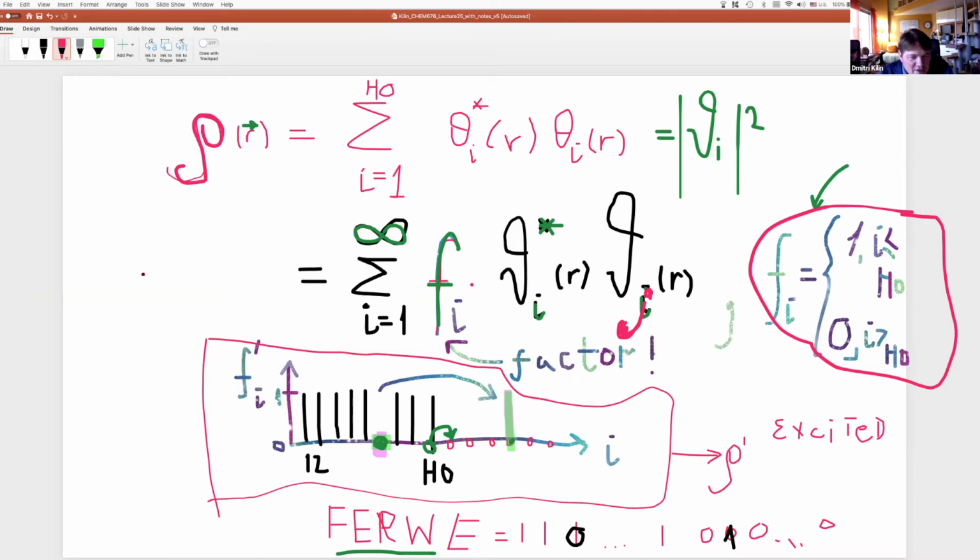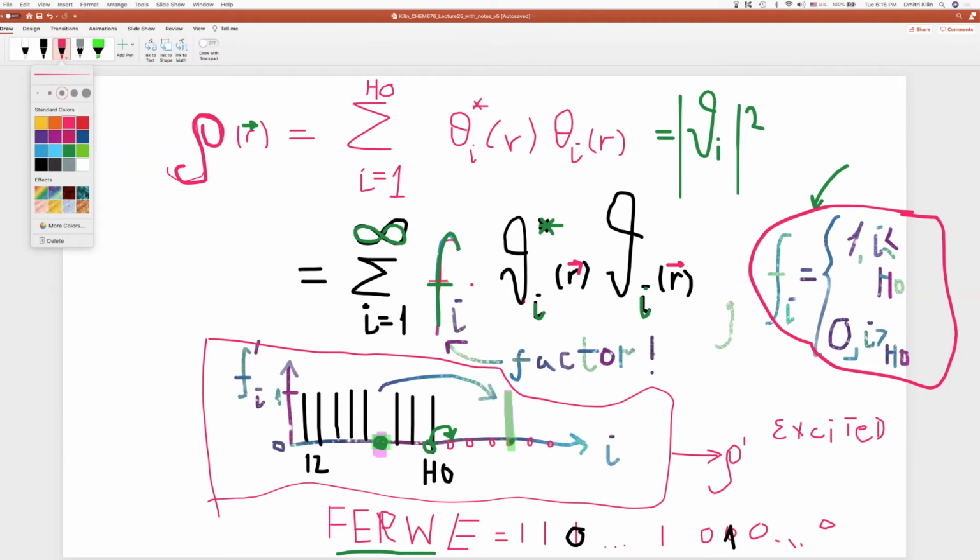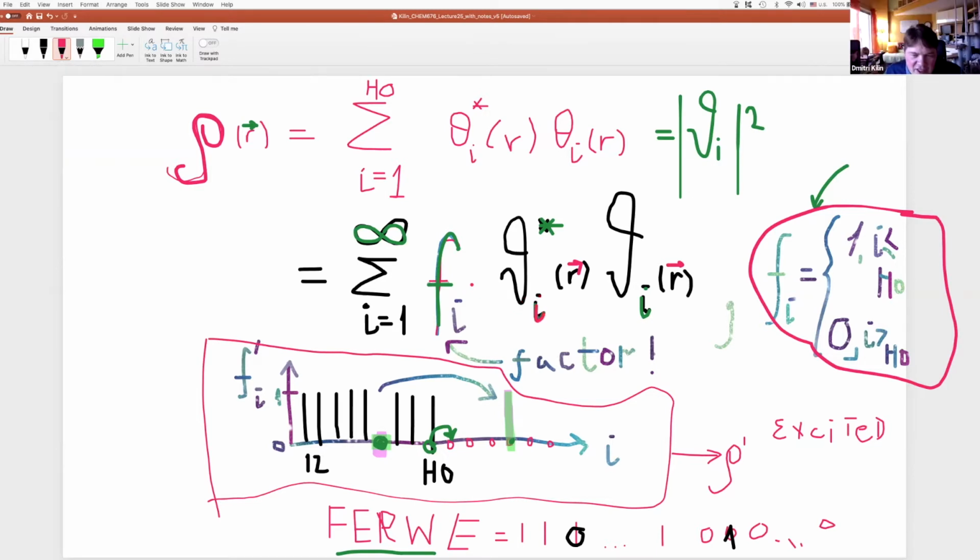Would you like to comment or continue this discussion? Okay, let me repeat. Originally, we had a mathematical expression where we had two orbitals and both of them had index i, and we were making a summation over this index i.